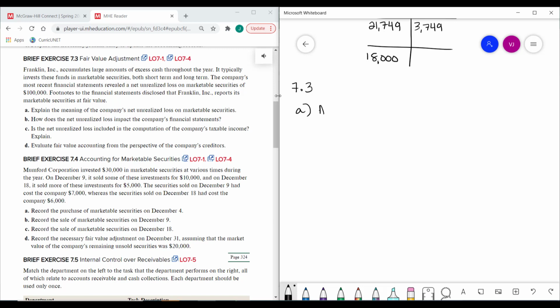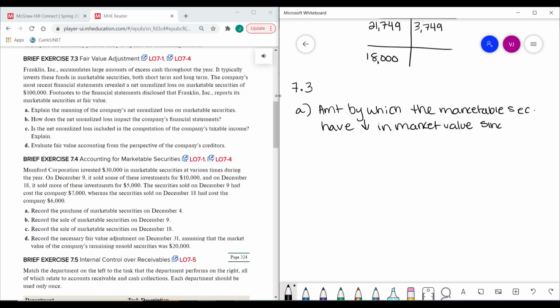So it's simply the amount by which the marketable securities have decreased in market value since its last valuation.